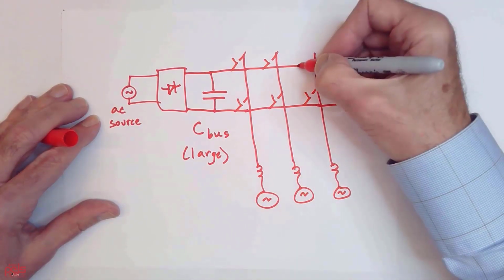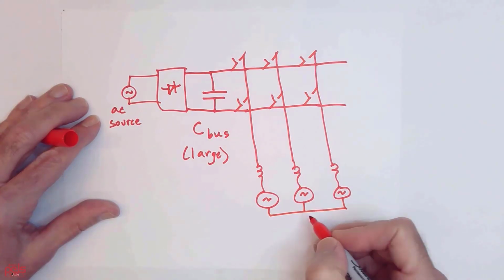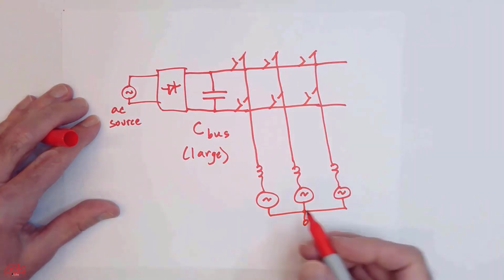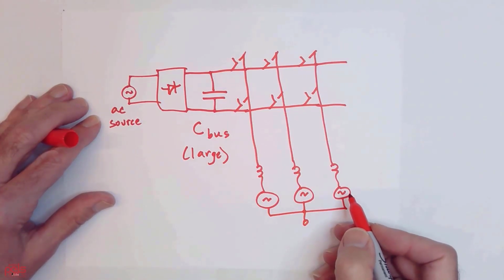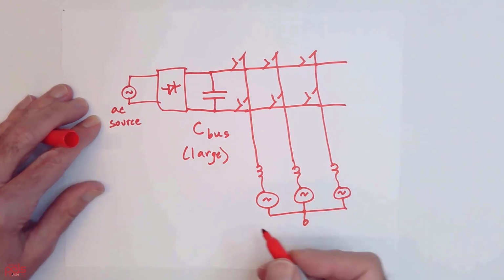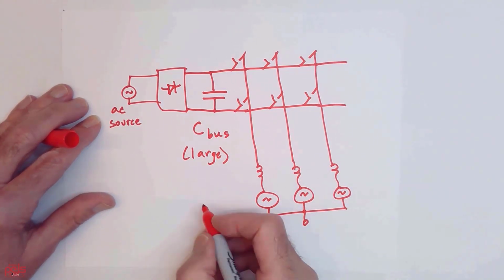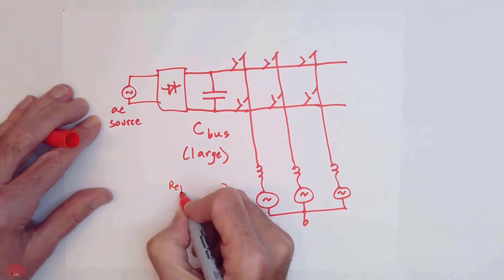Okay, set of 6 switches, right? And this could be the power grid, it could be a local AC that we're trying to produce for some application, could be a motor drive, right? So, this represents my output.